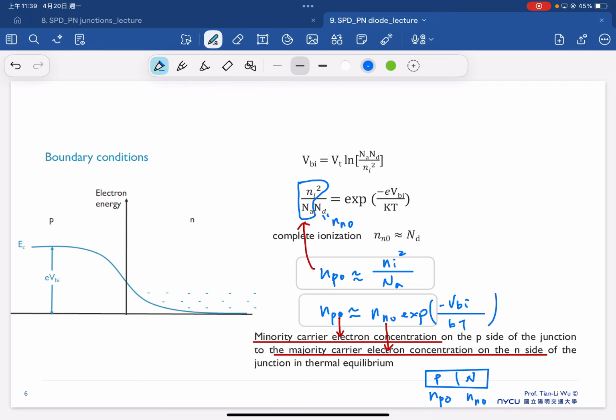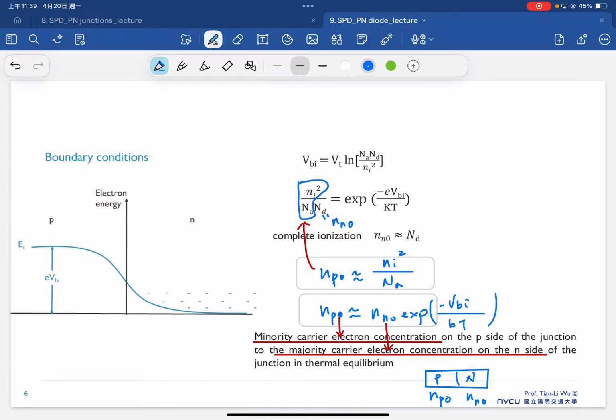The minority carrier concentration on the P side can be estimated from the majority carrier concentration on the N side. So the rest of the discussion, the calculation, is not that complicated.